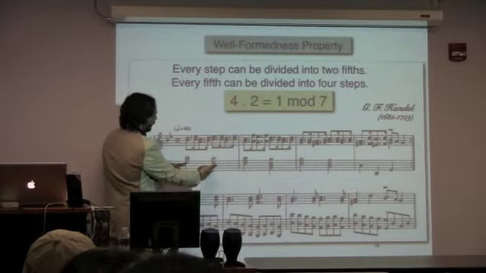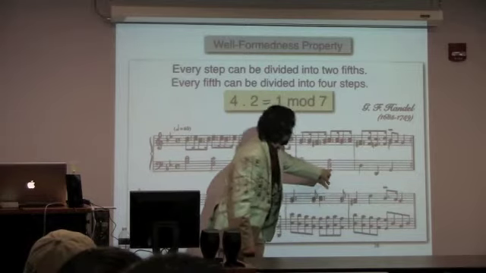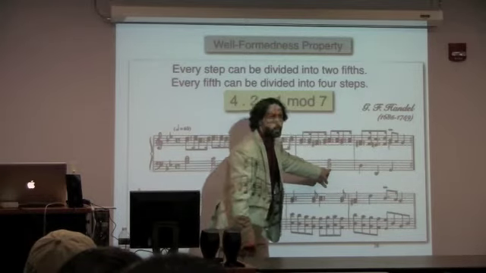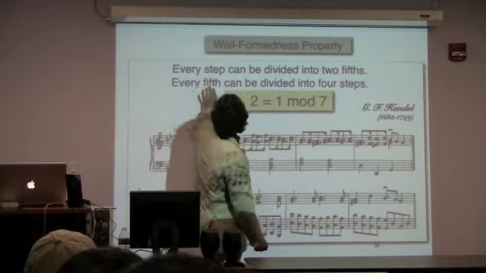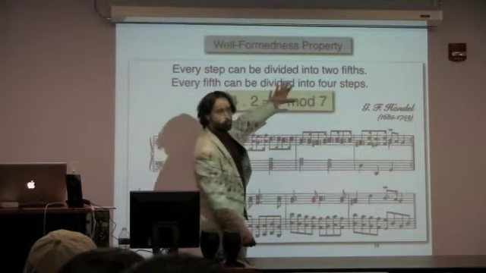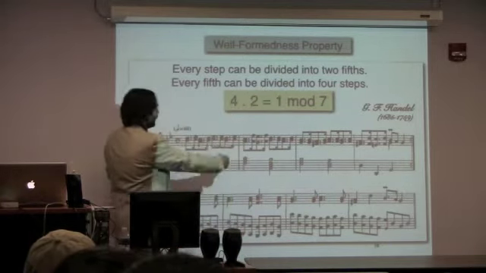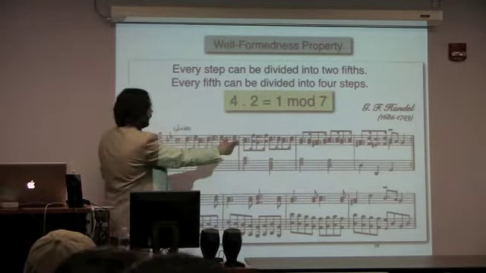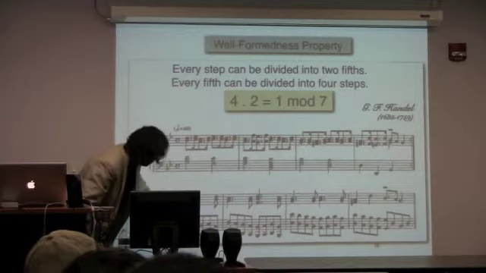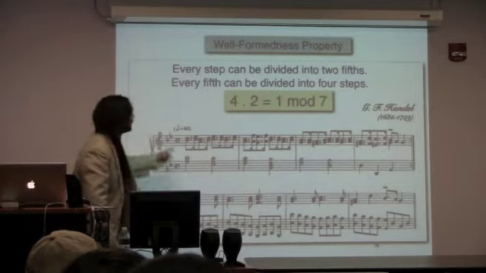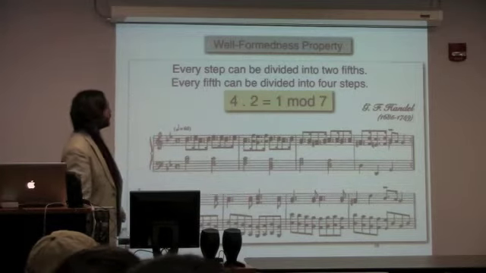You can use the diminished fifth here. The bass would be A here, an A half-diminished chord. So you can say every step can be divided in 2 fifths. And this is actually what Handel does here in this Chaconne. On the other hand, he then diminishes the fifth by steps. So you can say every fifth can be divided in 4 steps.